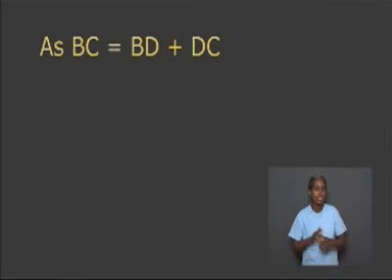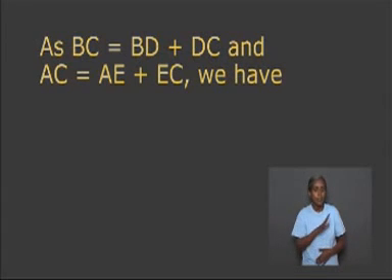The length of BC is equal to the sum of BD and DC, and the length of AC is equal to the sum of AE and EC.